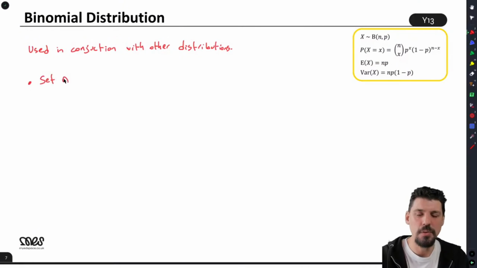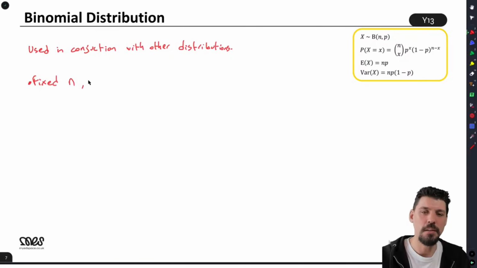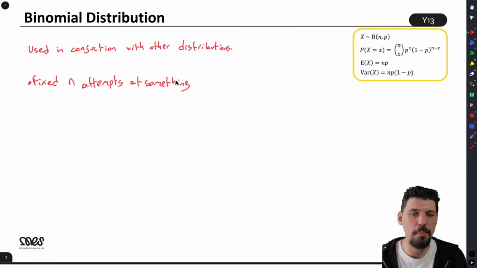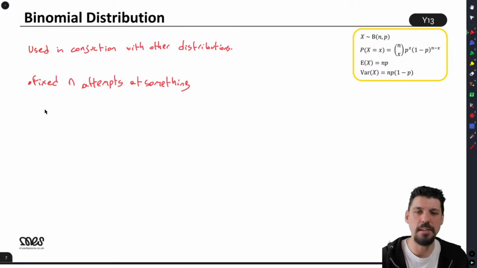So, a fixed n attempts at something. It doesn't matter what. It could be pulling a ball out of a bag. It could be, I don't know, 3 buses turning up in an hour. It could be hitting the target. It doesn't matter.